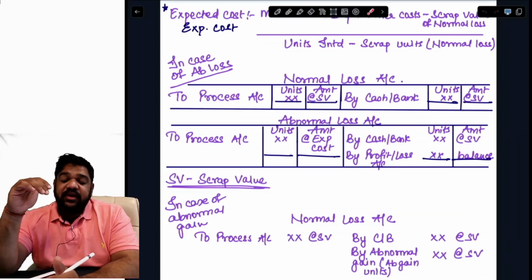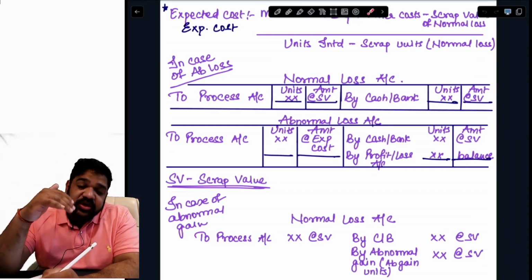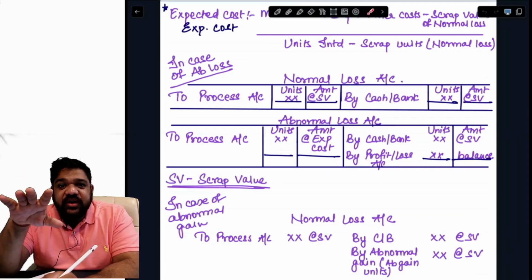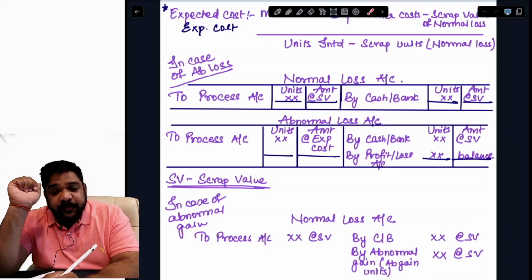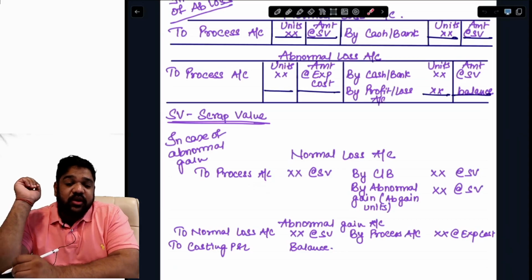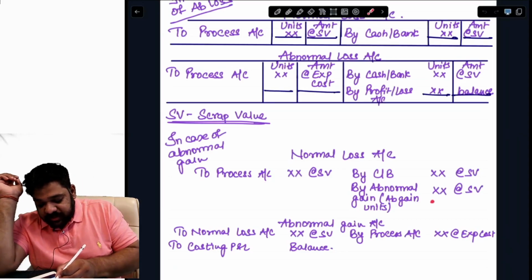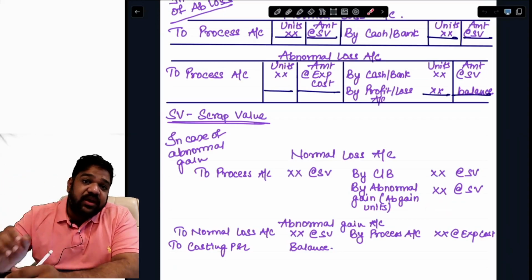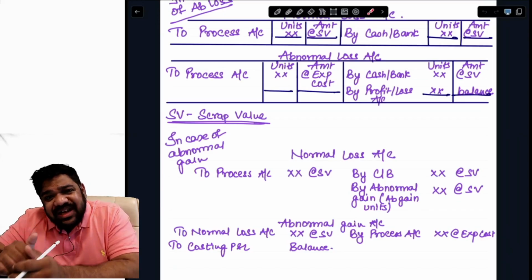Remember, I used to keep telling you, abnormal gain is basically a reduction in normal loss. You were expecting to lose 100 units, but you did not lose that many units. That's why there is a gain. For example, let's say the normal loss was expected to be 100, but you have an abnormal gain of 30 units, meaning you did not lose 100 units. You have lost only 70 units.